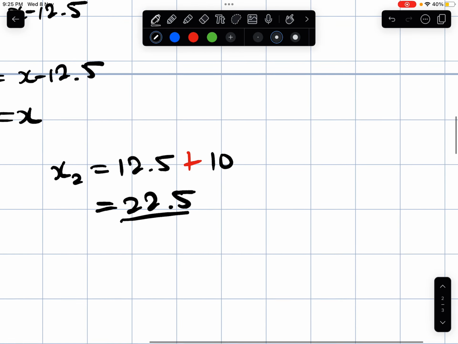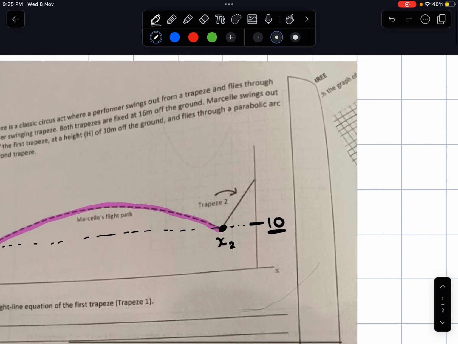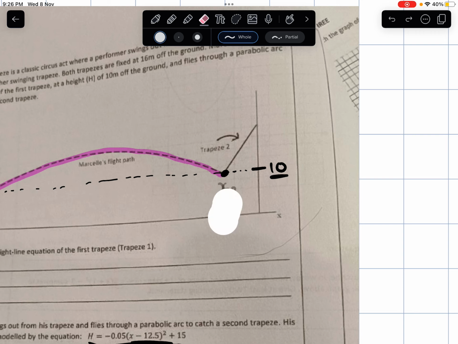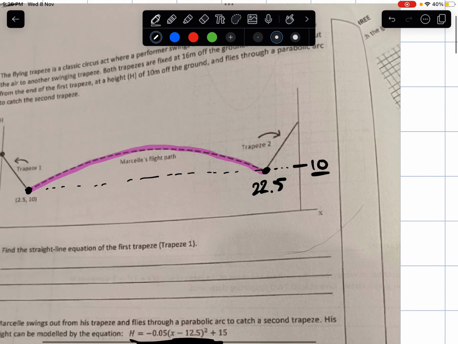So we know the x value at this point up here, we'll replace x2 with 22.5, and we're looking at the length of this line, this green line here, right?